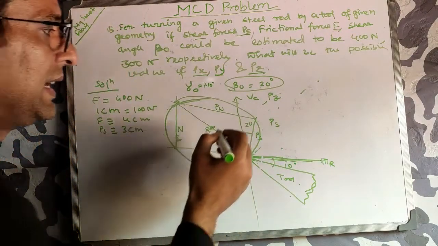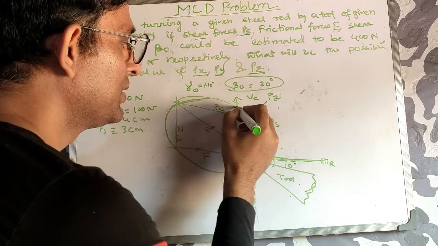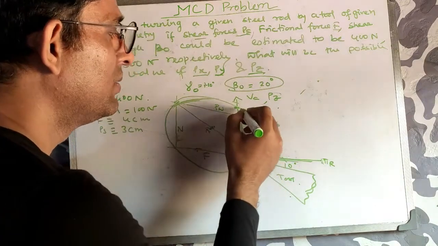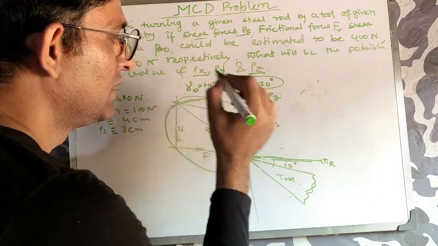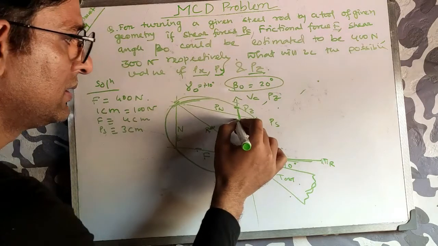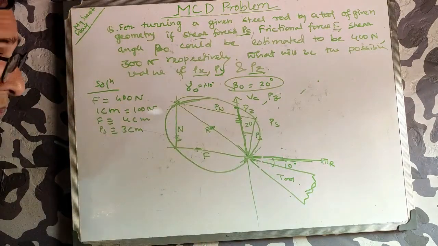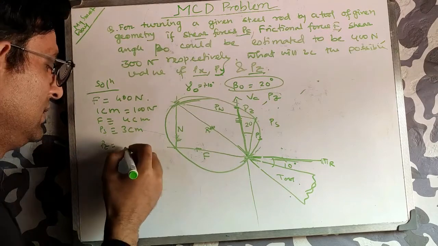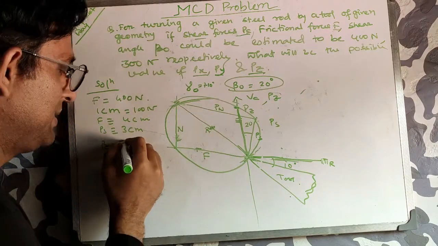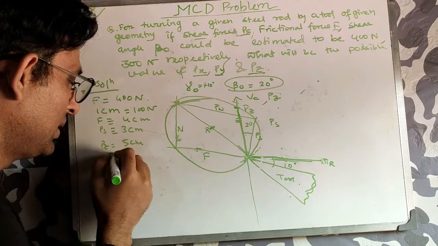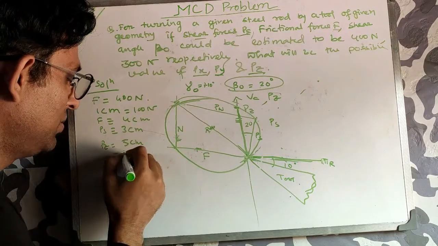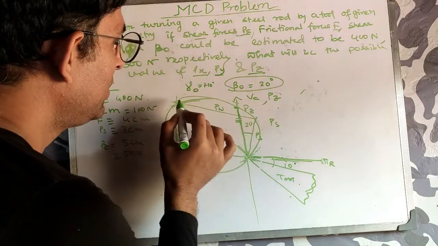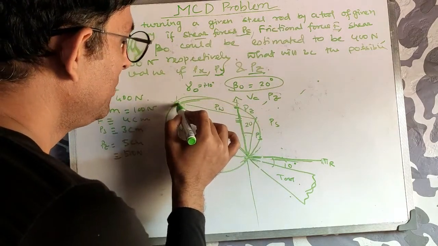Now this point gives the value of Pz, and you can measure the length of Pz. Suppose the Pz value came as 5 centimeter. So what will be the value? Equivalent to 500 Newton. And perpendicular to Pz, 350 Newton.